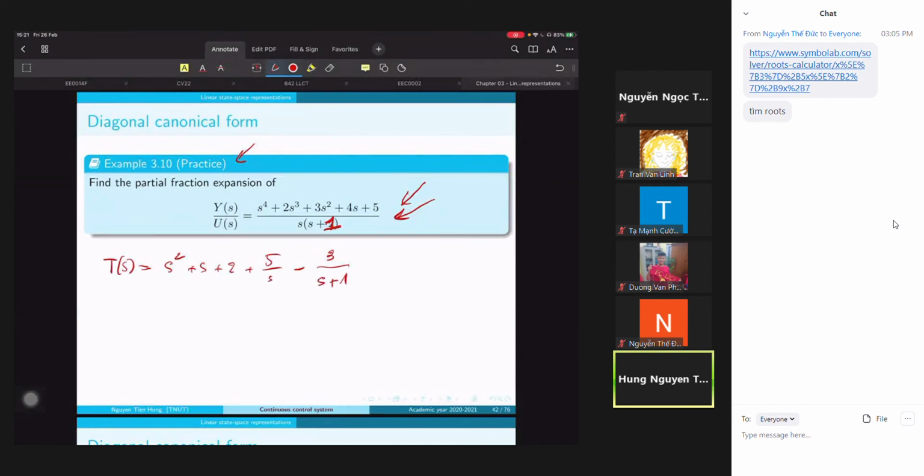Because before that we got s squared plus s plus 2, and here we got 2s plus 5. The remaining part is this, and here we got s plus 1. And then we represented this form.